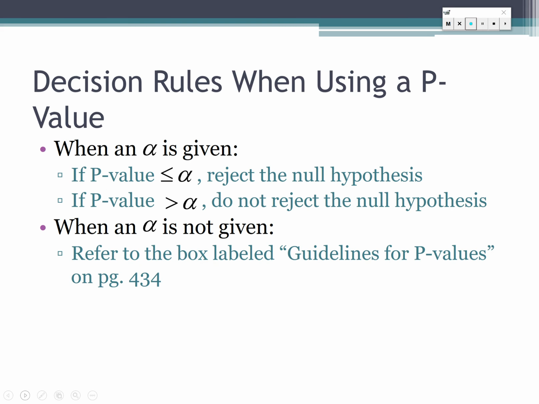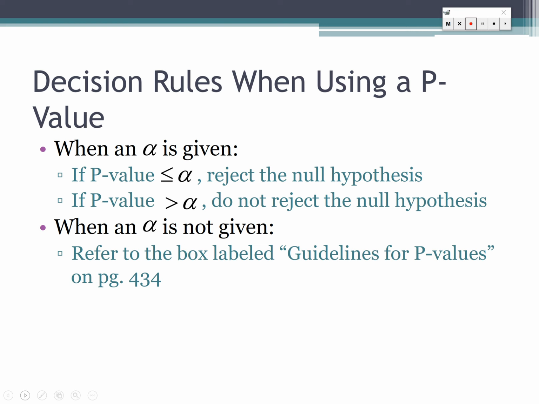Your decision rules, and I will make this visual for you just like we did with our traditional method. If you are given an alpha level, if your p-value is less than or equal to alpha, you reject. If your p-value is greater than alpha, you do not reject.